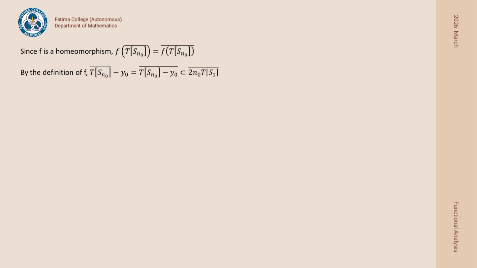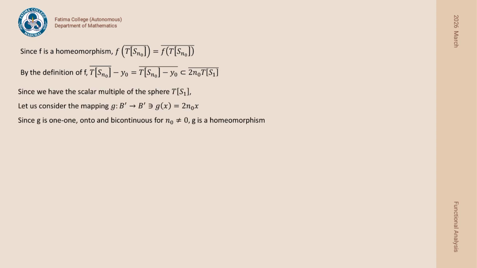Therefore, f of T of Sn naught closure can be written as T of Sn naught closure minus y naught, and f of T of Sn naught the whole closure can be written as T of Sn naught minus y naught the whole closure, and we have proved this to be a subset of 2n naught into T of S1 the whole closure. As we have the scalar multiple of the sphere T of S1, let us define a mapping G from B dash to B dash such that G of x is equal to 2n naught x.